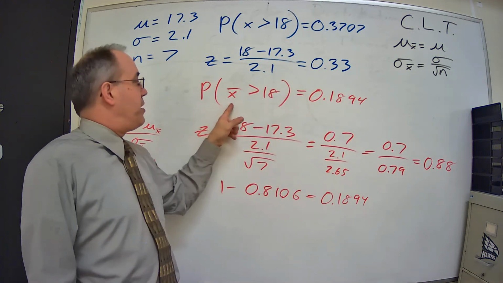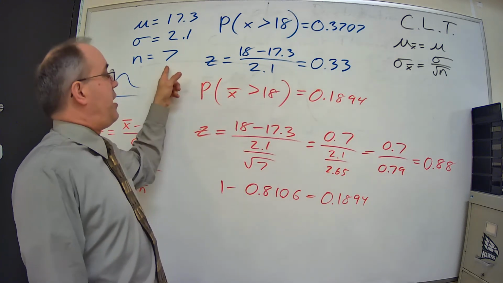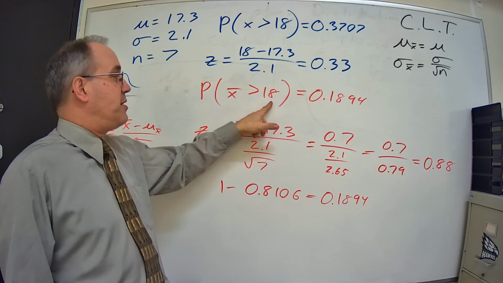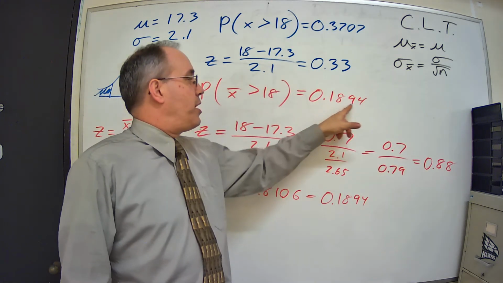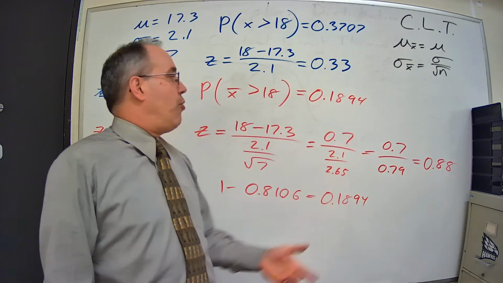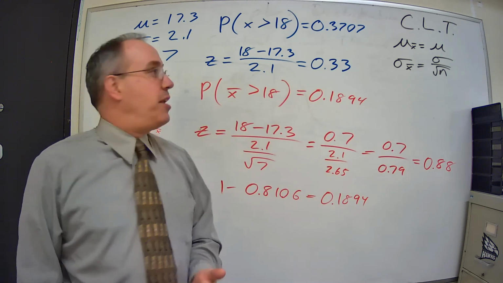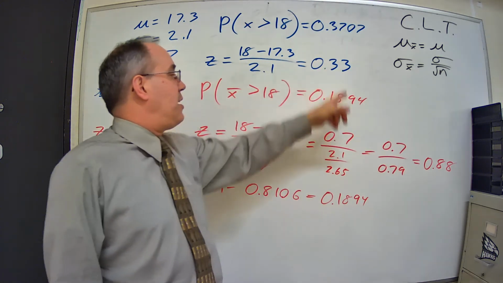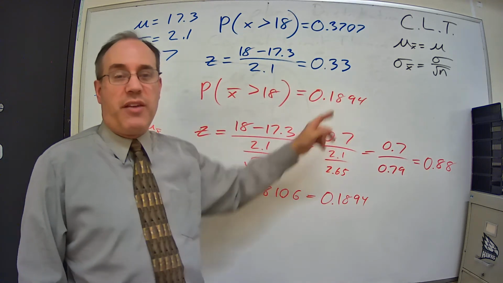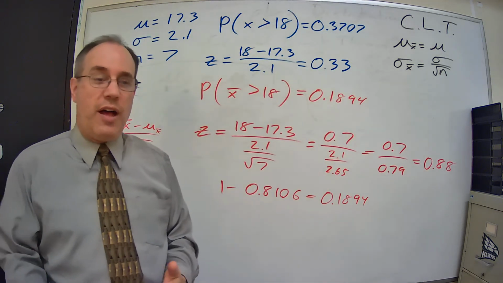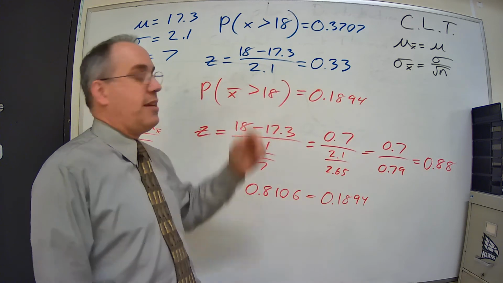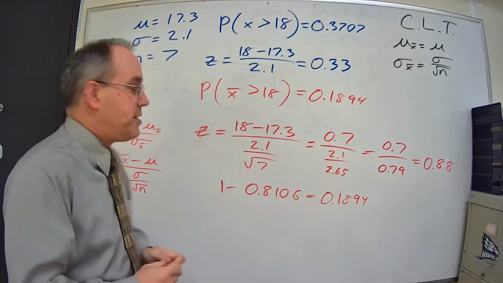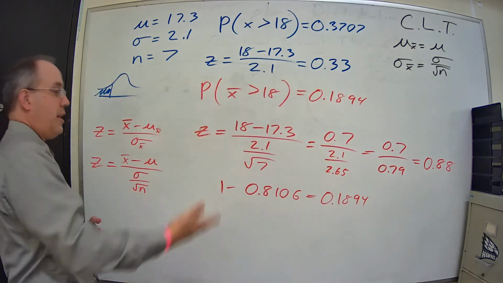Whereas the probability of selecting a sample of 7 items with a mean greater than 18 is only 0.1894, or about 19% of the items. So 37% of the items are greater than 18, whereas only 19% of the samples will have a value greater than 18. So that's the process, and it's just plugging it in.